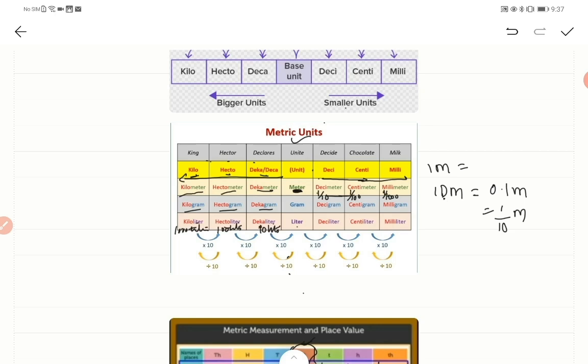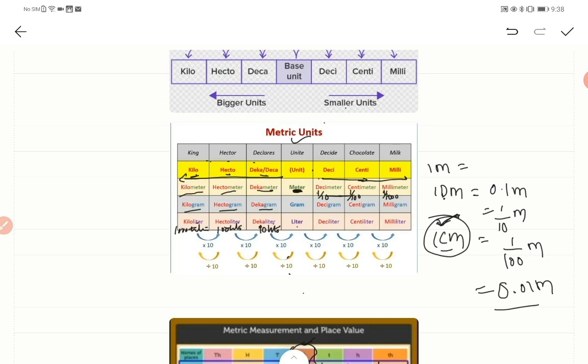1 centimeter, this centimeter we use in our daily life, isn't it, this measurement. In a scale you see it is in centimeter. So 1 centimeter is nothing but 1 by 100 meter, which you can write in decimals as 0.01 meter.